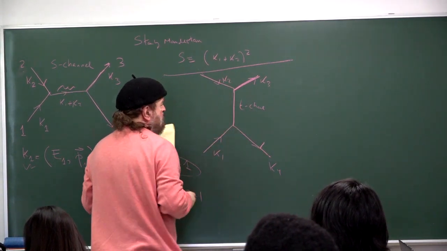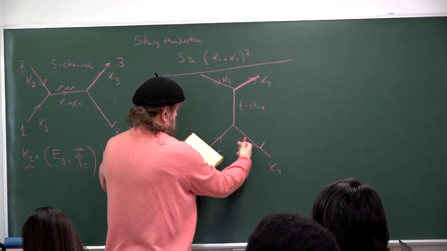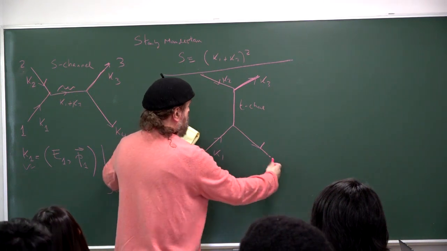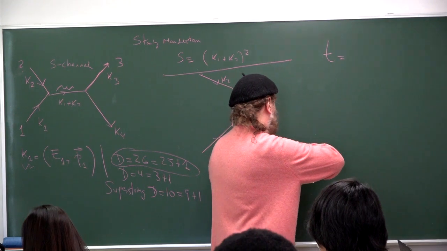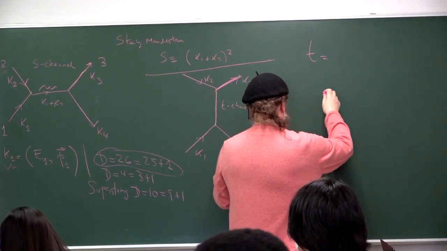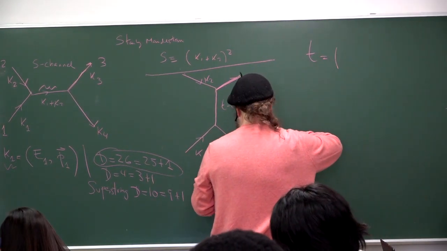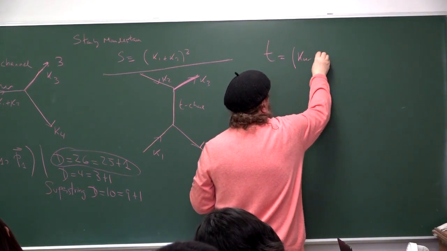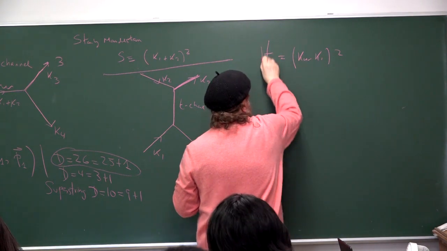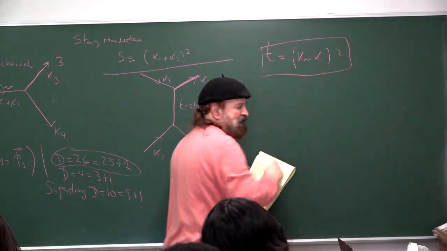So in the T channel, the variable T is (K4 minus K1) squared. This is the Mandelstam variable T in the T channel.